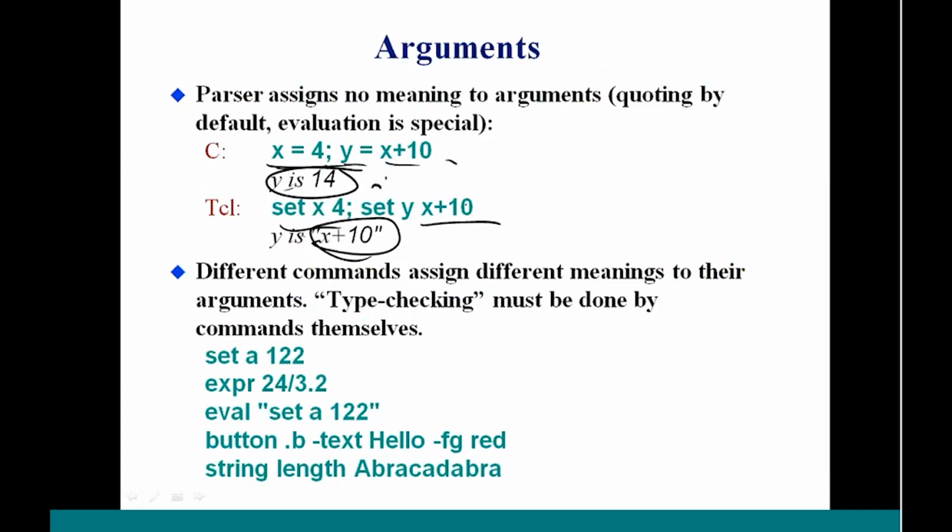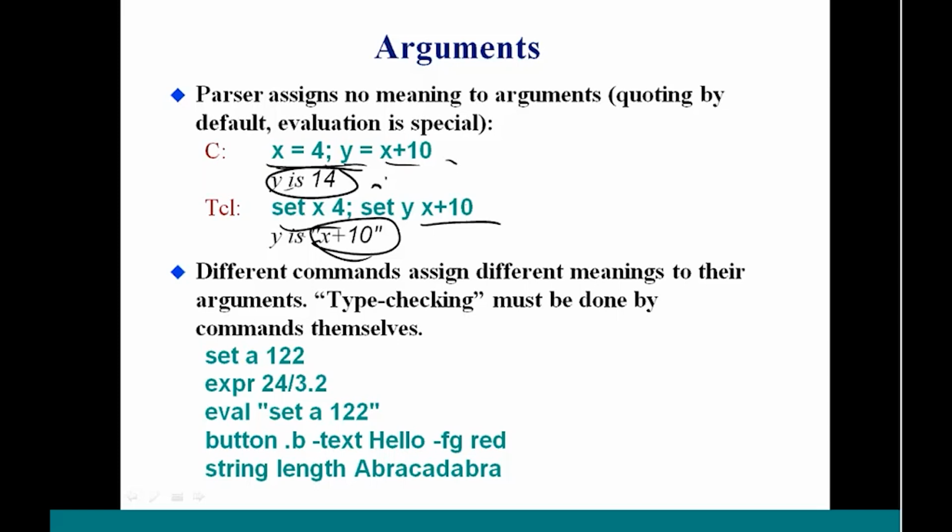The type checking must be done by the commands themselves. Again, we will discuss this in more detail, but the commands themselves have the onus to see whether they are of the same type, or of compatible types, and execute. It does not go back to the language to provide any kind of guidance as to what it is.